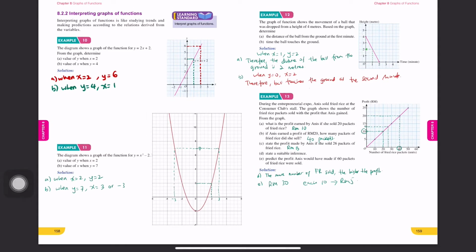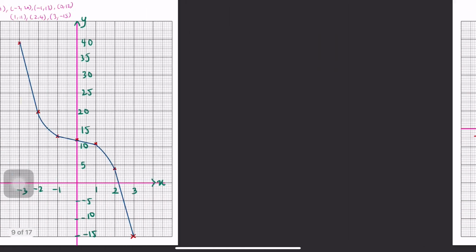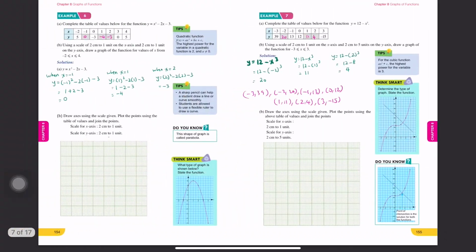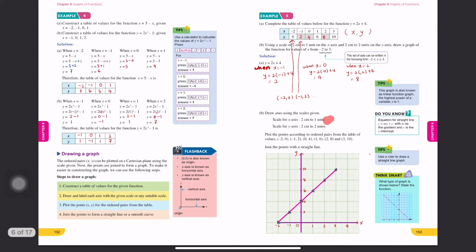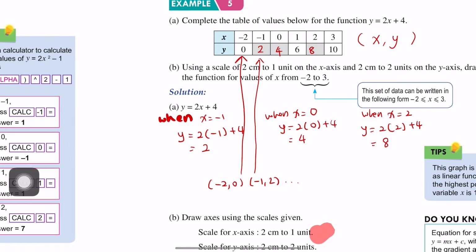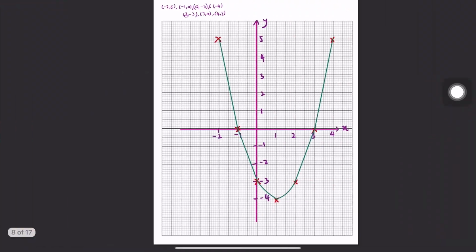So that's it for today. Okay, I think it's quite fun today. We are drawing things. We are not calculating values that much. It's just that you need to fill in these blanks, so you need to calculate, and then you need to draw the axis and you need to draw the graph.